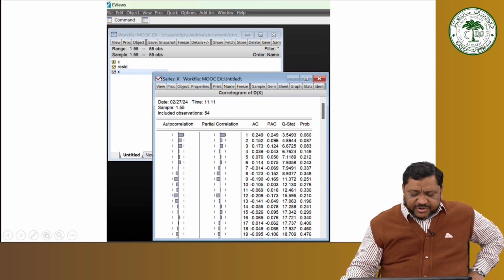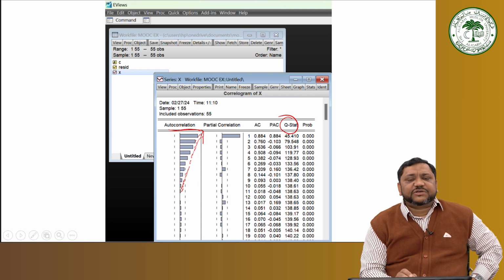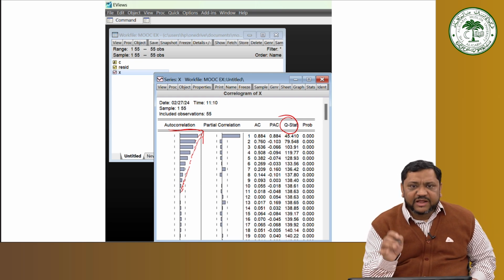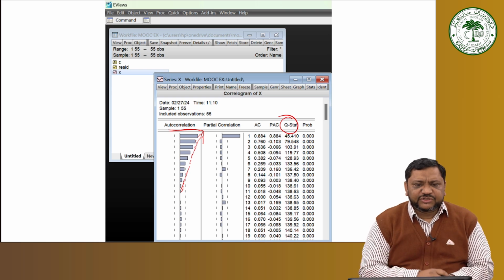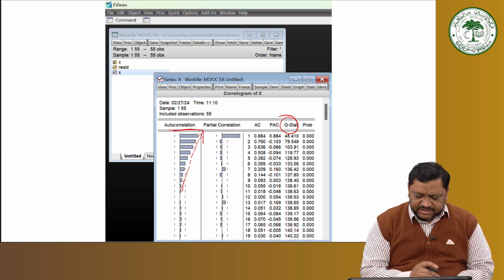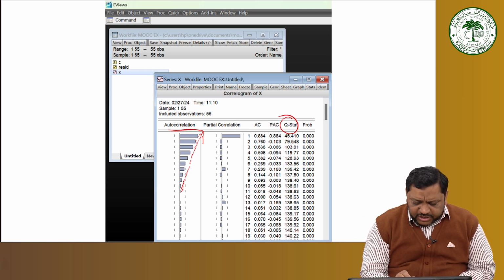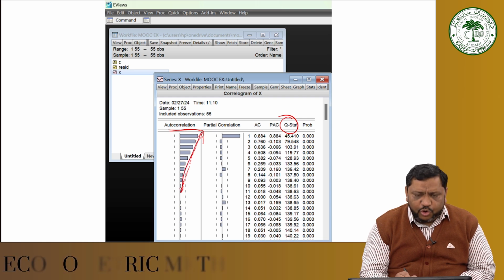But see, when we took the data at level, when we did not take the first differencing of the data and took the data as it is, the autocorrelation functions are quite high and they are declining very slowly.